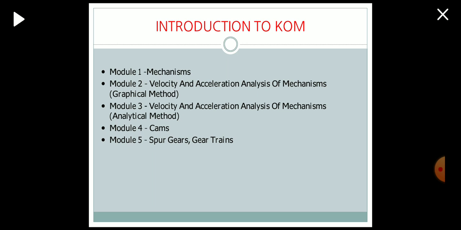Like this we will do some calculations. There will be some algebraic and tabular methods of finding velocity and velocity ratio of different types of gears. There will be epicyclic gear trains, and different types of gear train arrangements. So we will study those in detail in the gear trains of module 5.